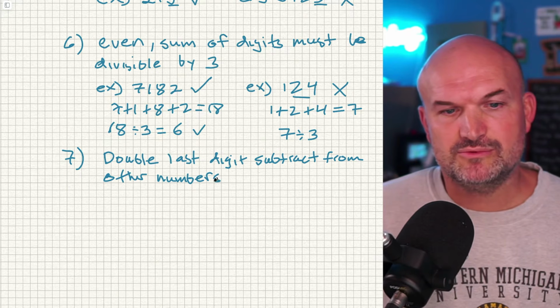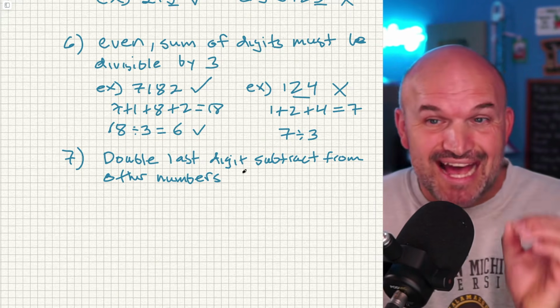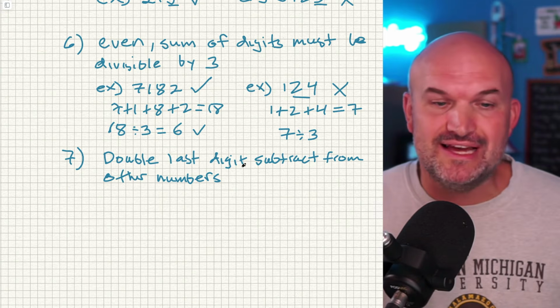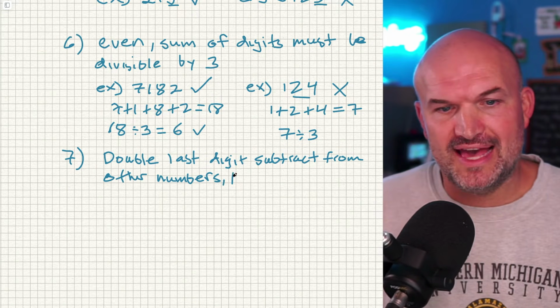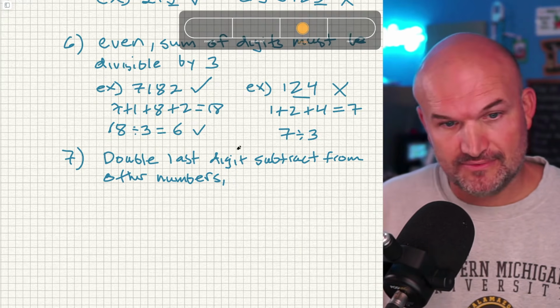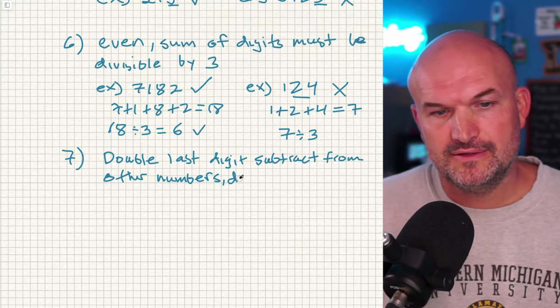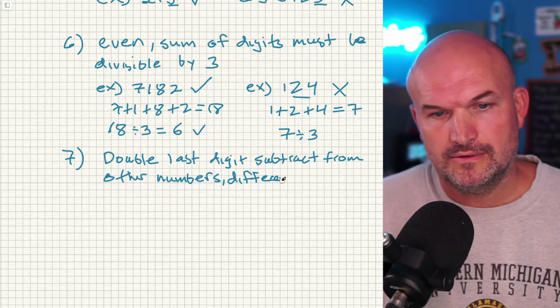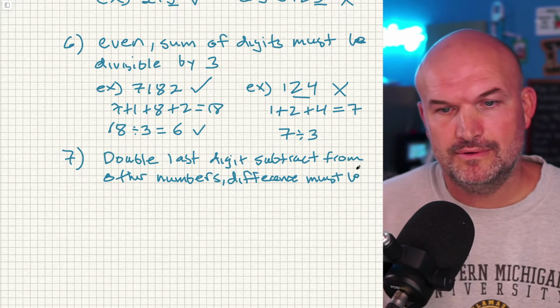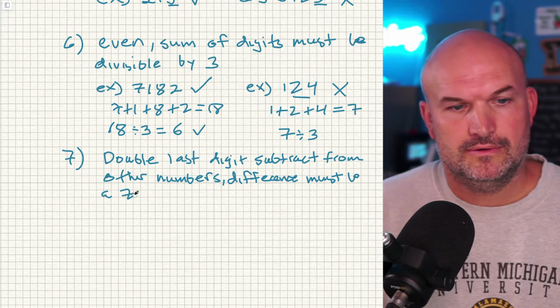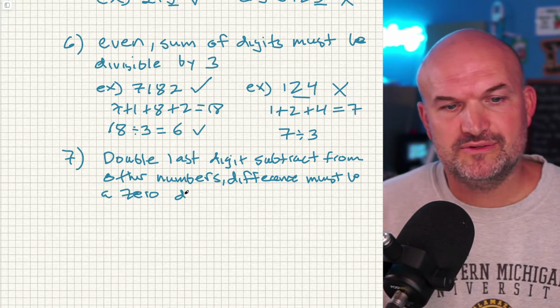Subtract from the other numbers, and then that difference must be a 0 or divisible by 7.